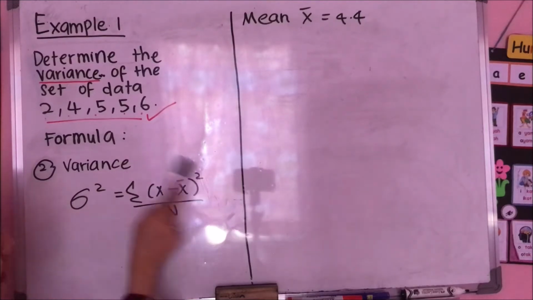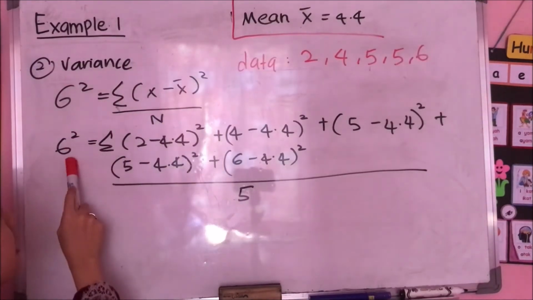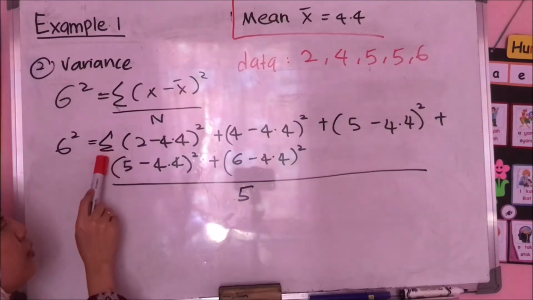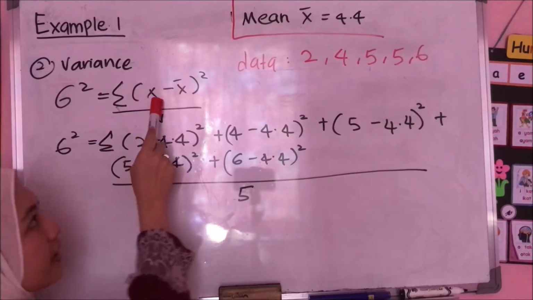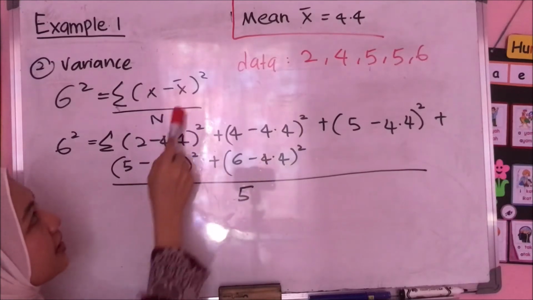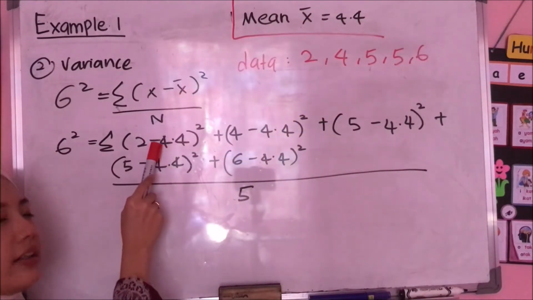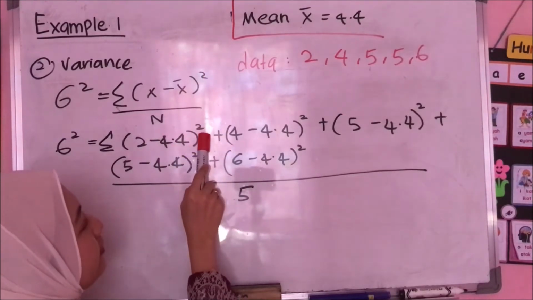So how do we find variance? This is the symbol of variance, sigma square, equal to the sum of data. x is our data, 2. We take 2 minus x bar, where x bar is our mean, 4.4, and square.